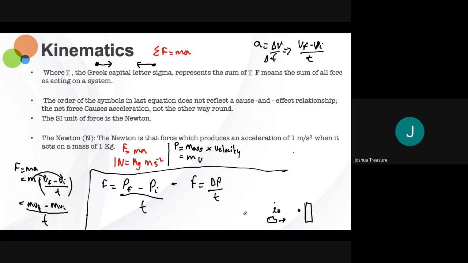All right. Any more questions or concerns? Anyone who doesn't understand this?